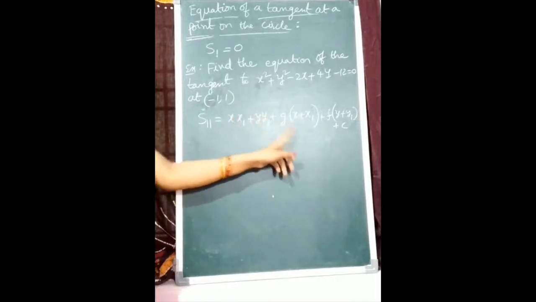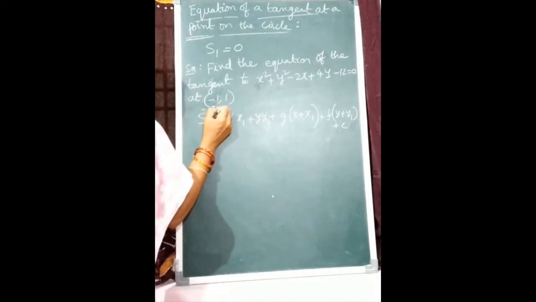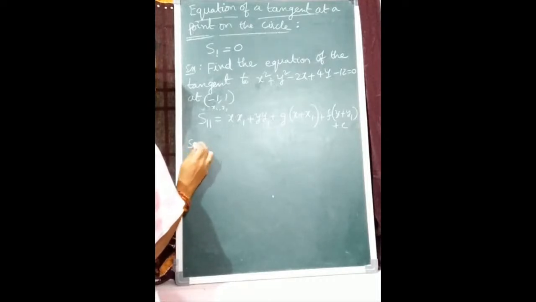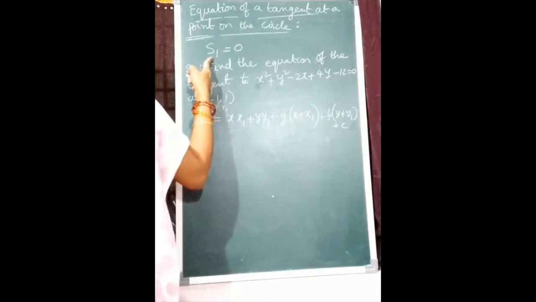Here x1, y1 is the given point. S11 కాదు, S1 is equal to 0.